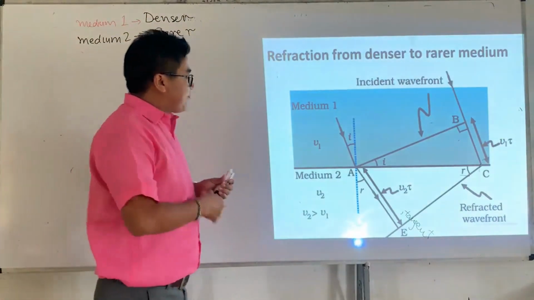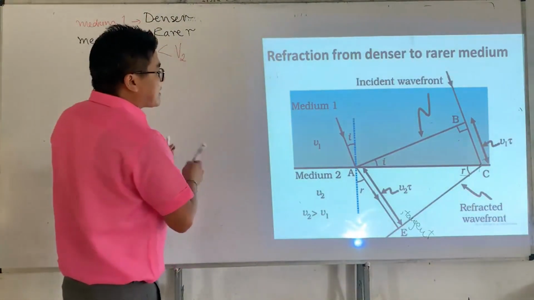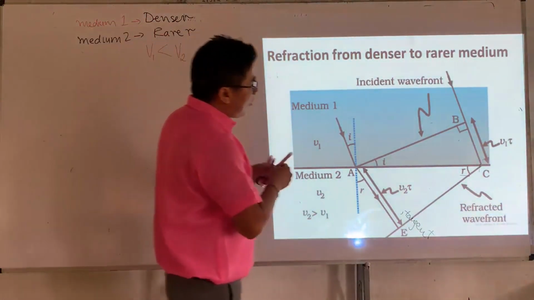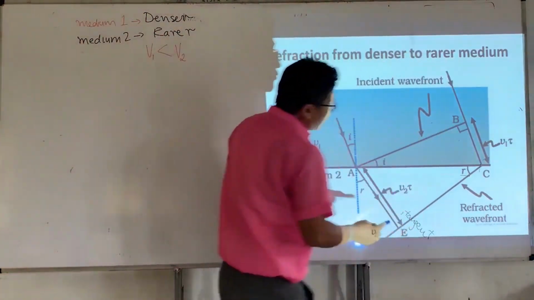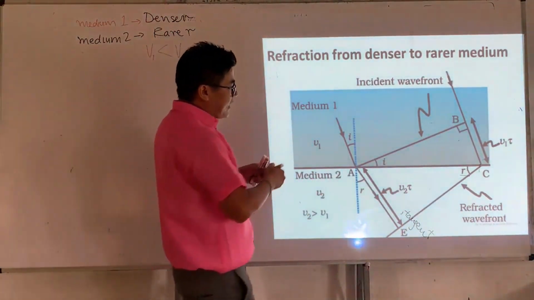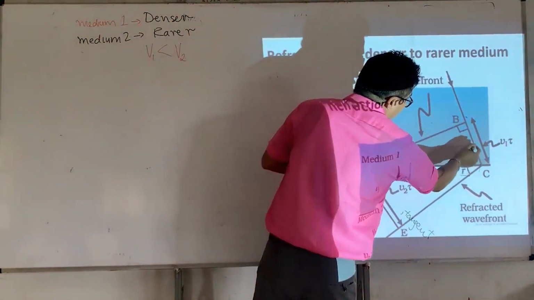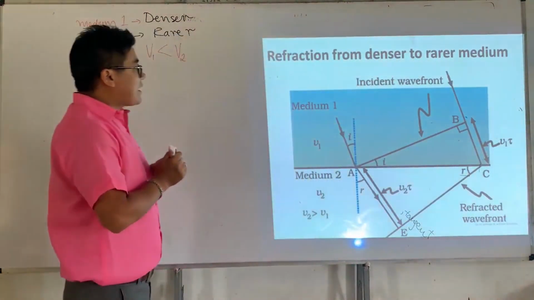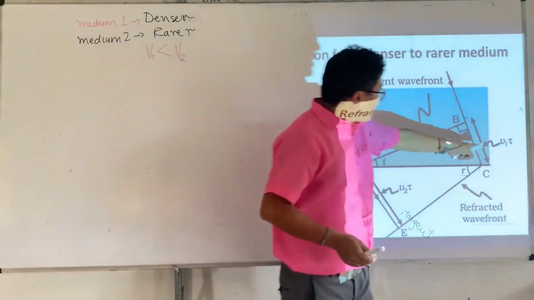Again, tau is the time for a wave to travel from B to C. So B to C, the time taken is tau, and the distance BC is V1 tau.